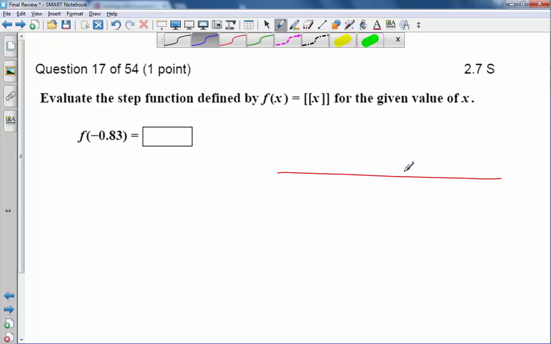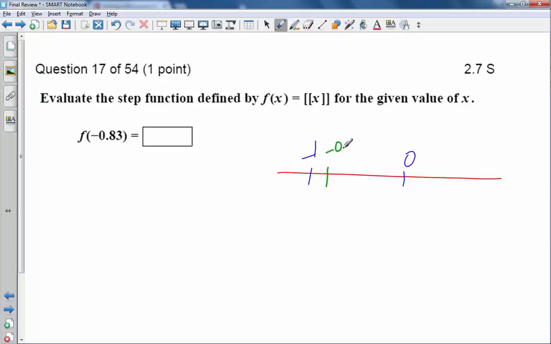Literally sketch it. If this is 0, this is negative 1. Negative 0.8 is before or after negative 1? Which side is after? To the right or left, it's right, correct? Right. So when I say go floor, pick the smaller number, you go left. You always go left. So this chooses always the left side of the number, so it is negative 1.